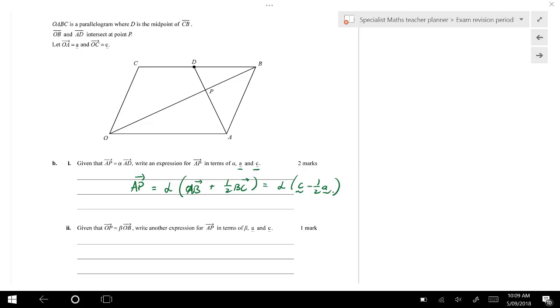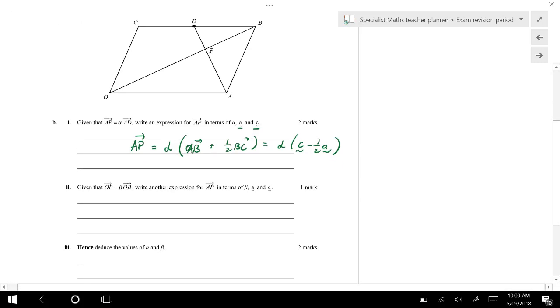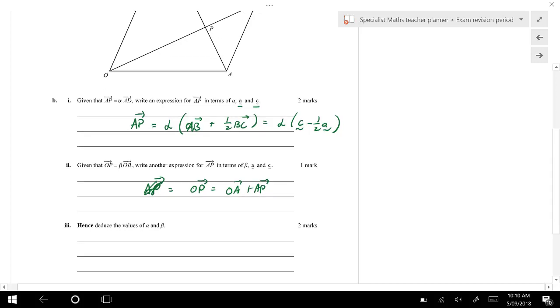Now, we've also got another expression for AP. We can say that OP is equal to OA plus AP, which is equal to A plus, what are we doing here?